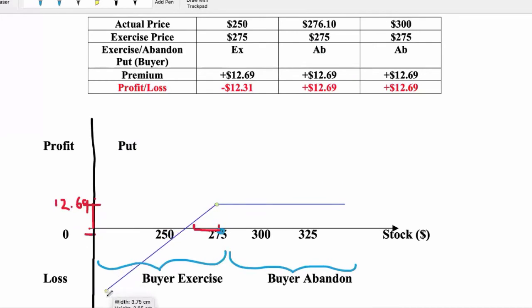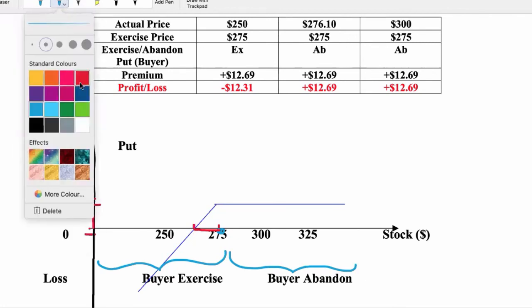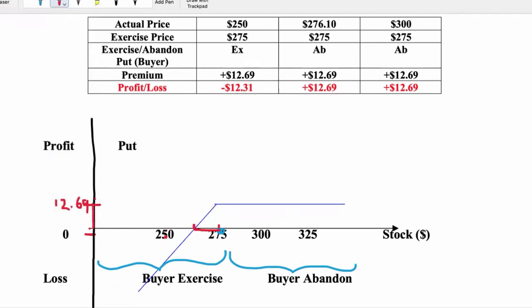So when the stock price starts falling, the buyer can exercise their option and you end up giving them their premium back when the stock price is falling below the strike. And if it falls further, you end up having to give them more. So when the stock was 250, you owe them an additional 12.31 on top of the premium. So you gave all the premium away, plus you end up owing more.